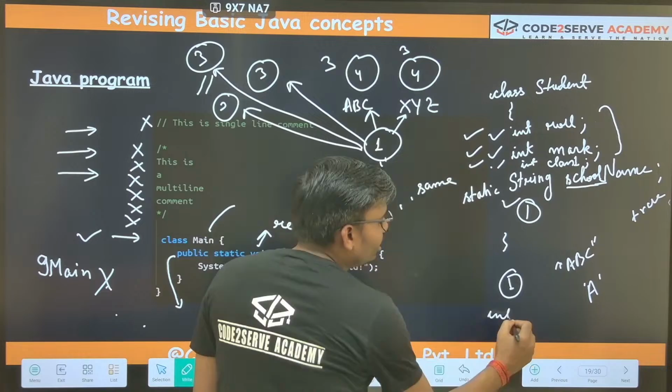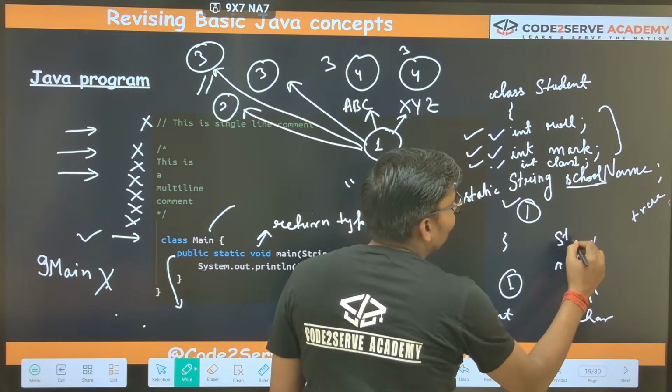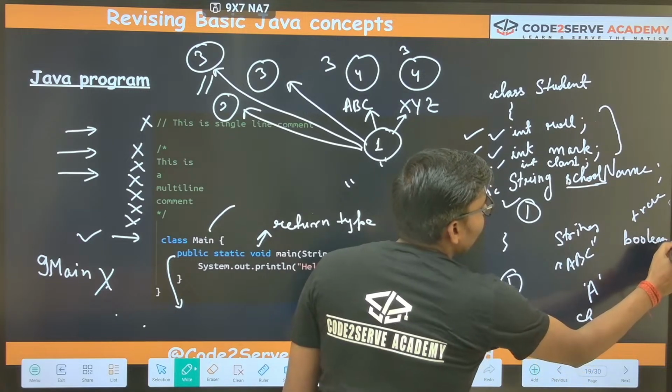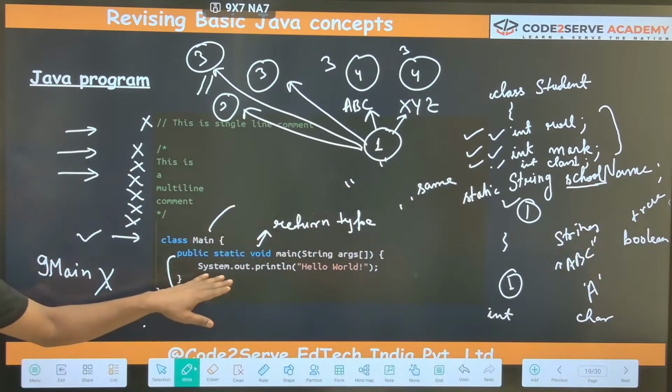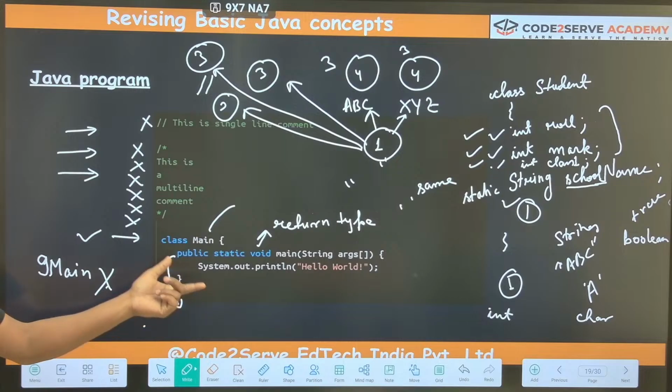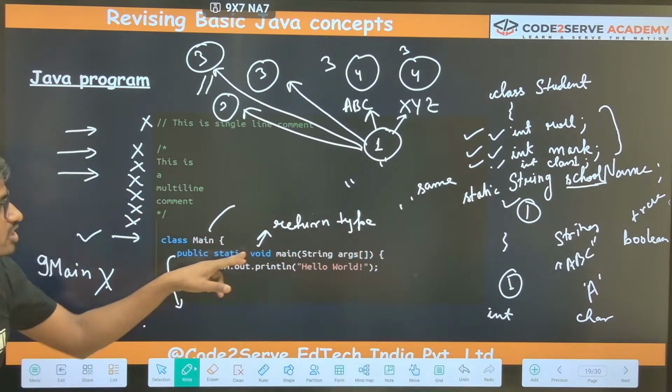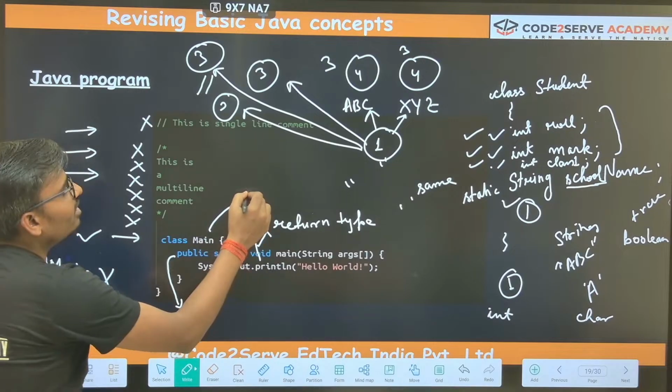For this, it will be a char. For this, it will be a string. For this, it will be a boolean. Got my point? So whenever you know this method is going to return any specific data type, then instead of void, you will write that data type.